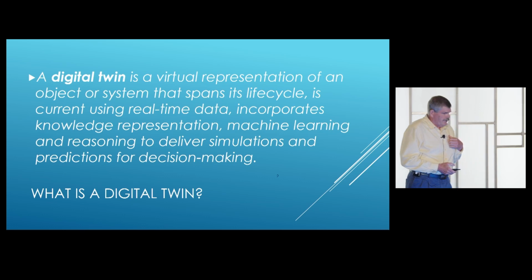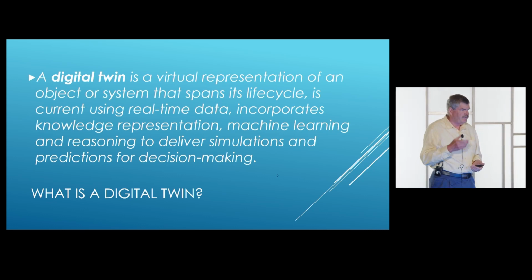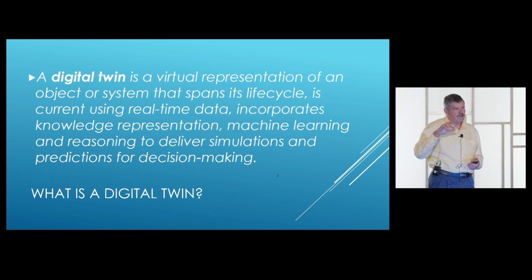What is the digital twin? I'm not going to read this out, but the fundamental principle of a digital twin is that it is a representation of multiple parts of a system. It can be physical presence, social presence, or virtual presence.